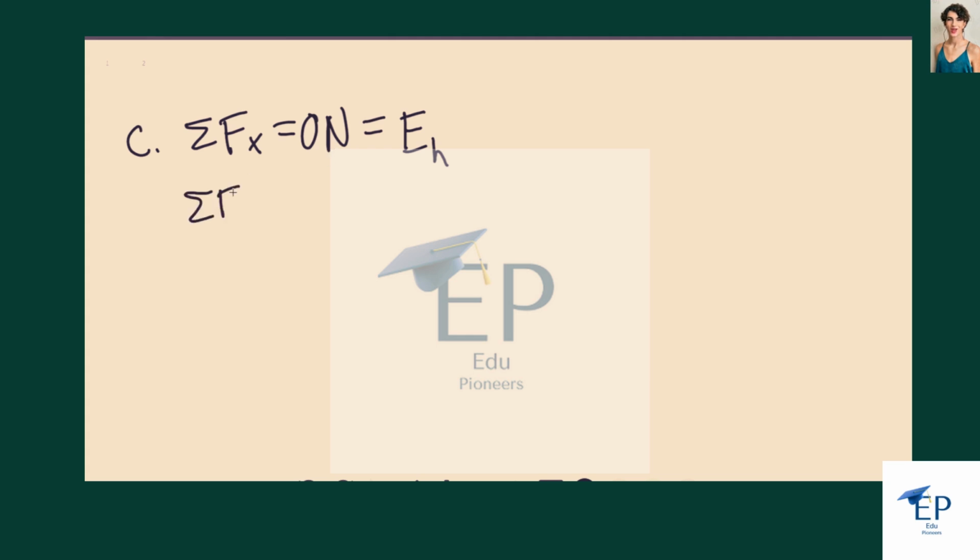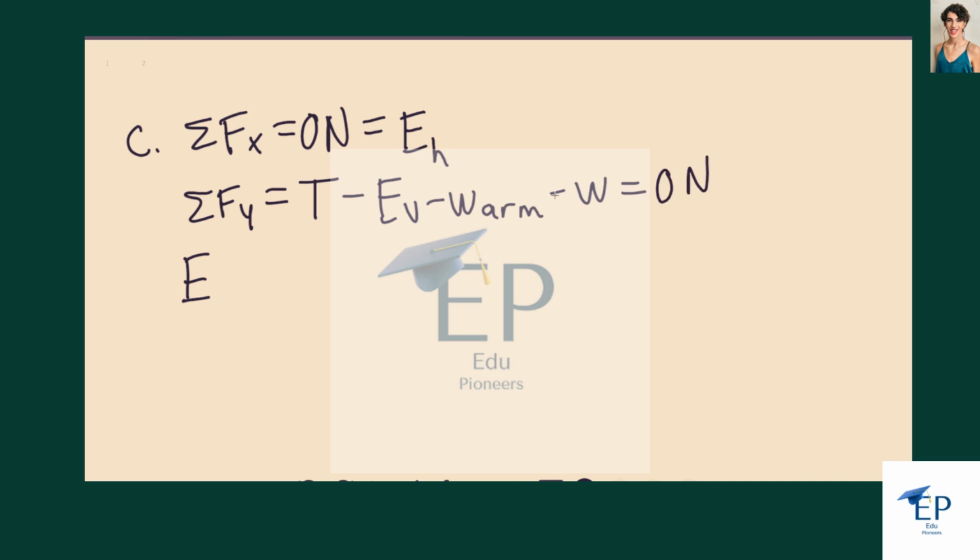And we can say that the sum of forces in the y direction is going to equal the tension force minus E sub V minus the weight of the arm minus the weight in the hand. And this would equal 0 newtons because it's in translational equilibrium in the y direction.